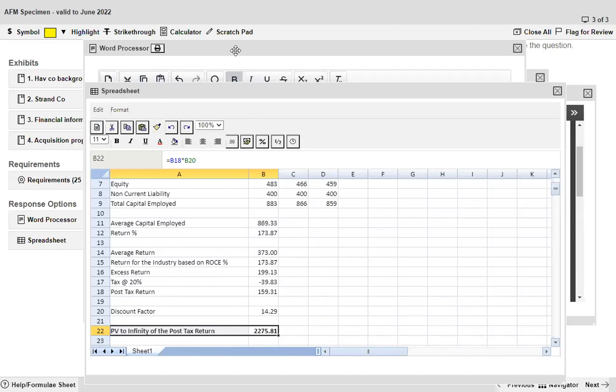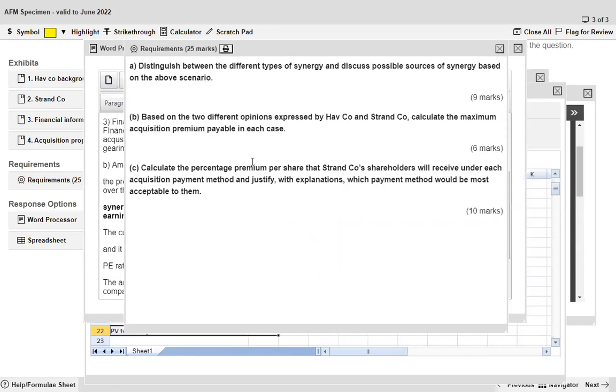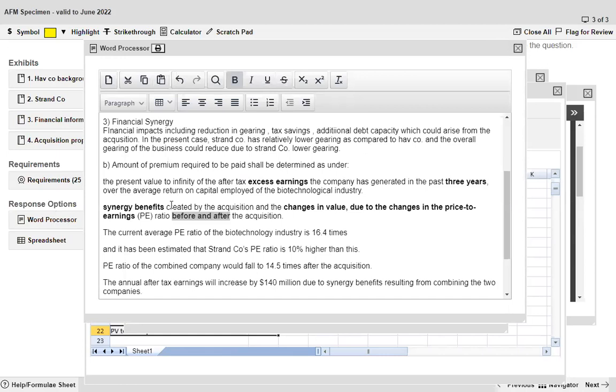Okay. Now, what is the next approach to calculate this premium? The next approach to calculating the premium is to take into account synergy benefits created by the acquisition and the changes in value due to changes in the price to earning ratio before and after the acquisition.